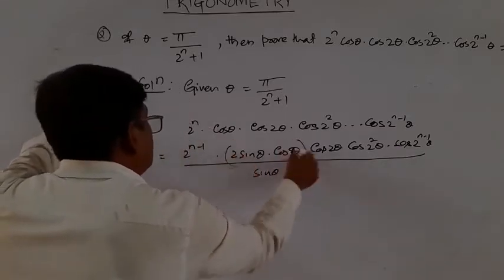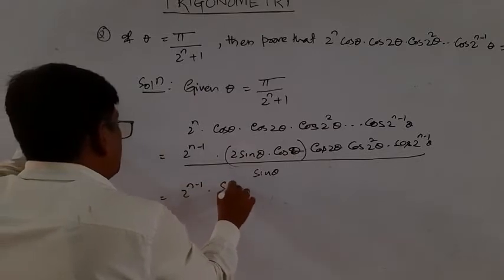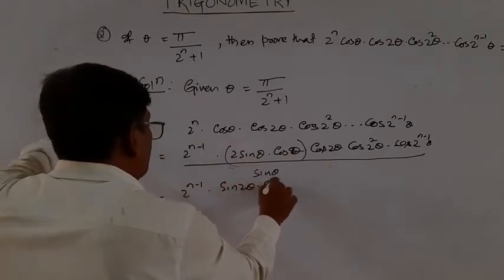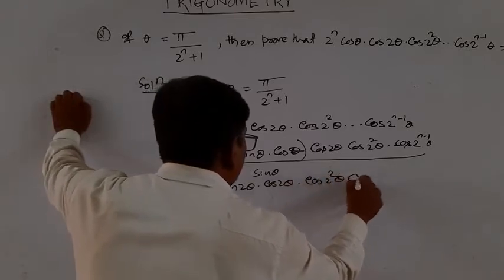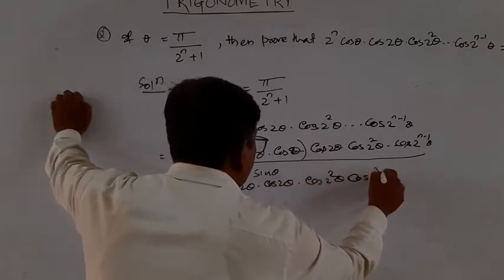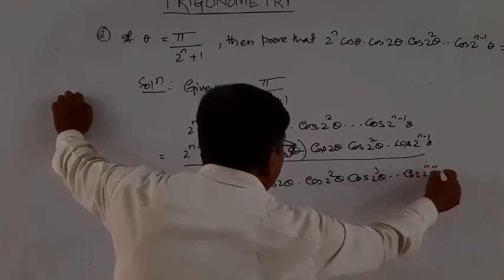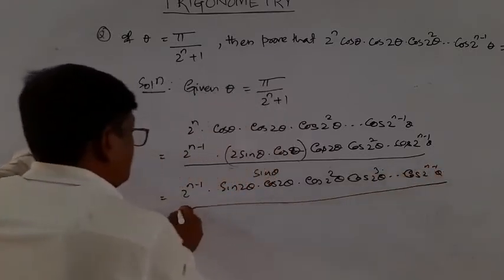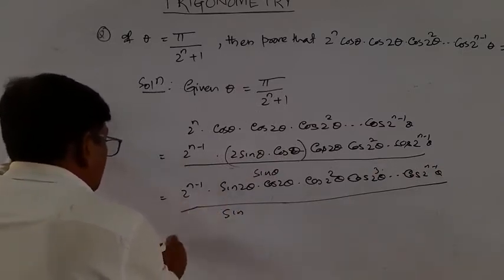So this is sin 2 theta, 2 to the n minus 1 into sin 2 theta into cos 2 theta into cos square 2 theta, then cos cube theta, and so on up to cos 2n minus 1 theta divided by sin theta.